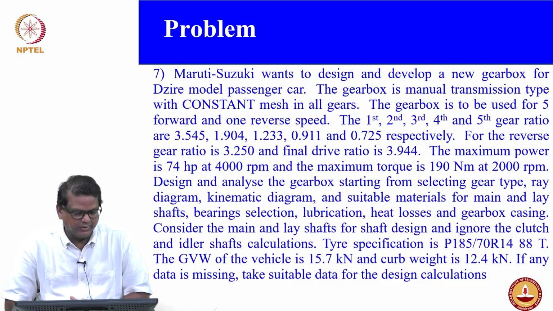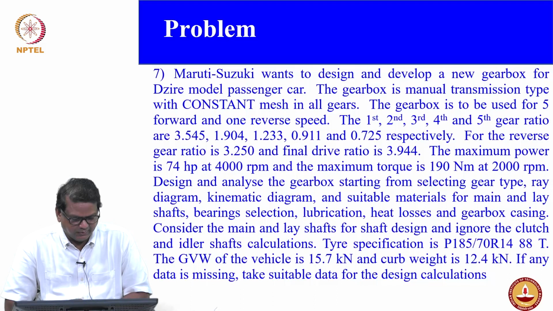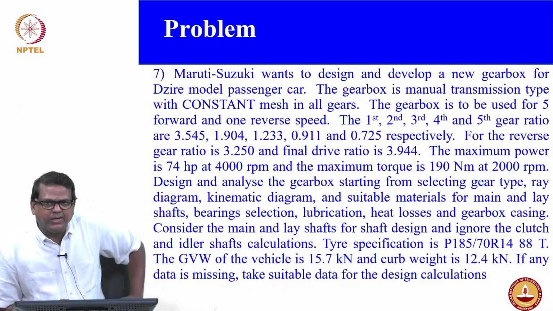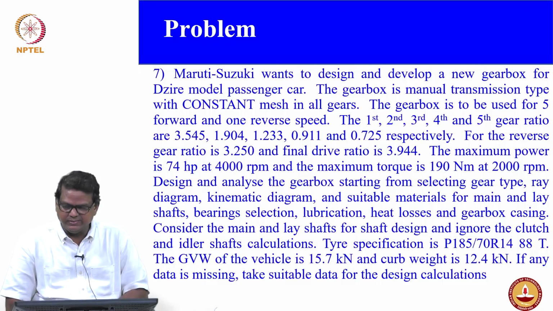Design and analyze the gearbox, starting from selecting a gear type, ray diagram, kinematic diagram and suitable materials for main and lay shafts, bearing selection, lubrication, heat losses and gearbox casings as well. Consider the main and lay shafts for the shaft design.